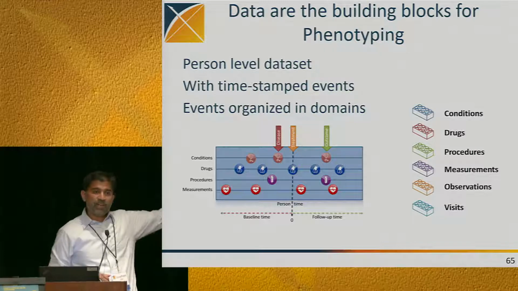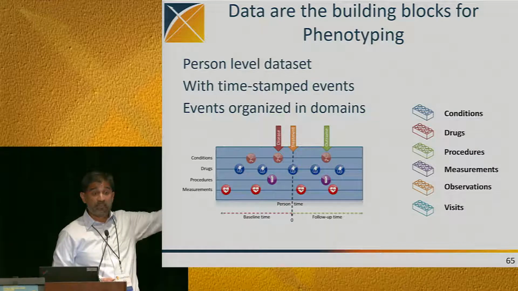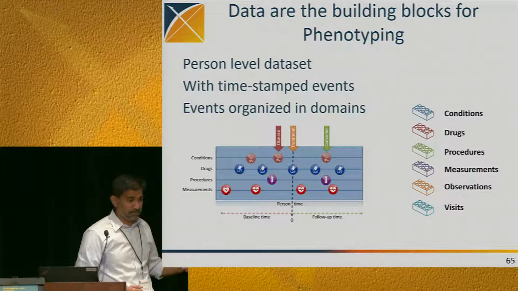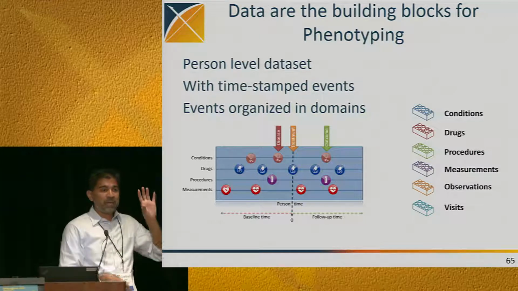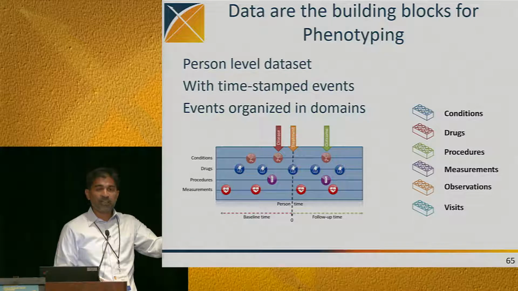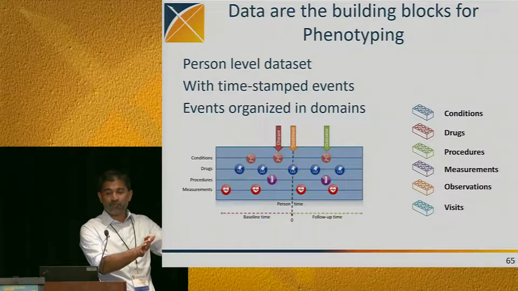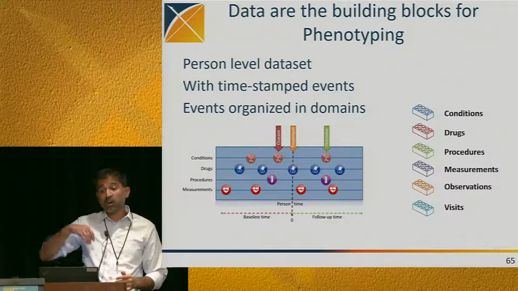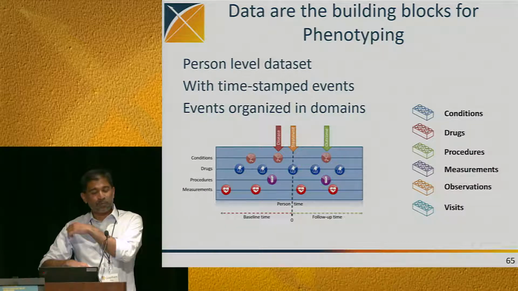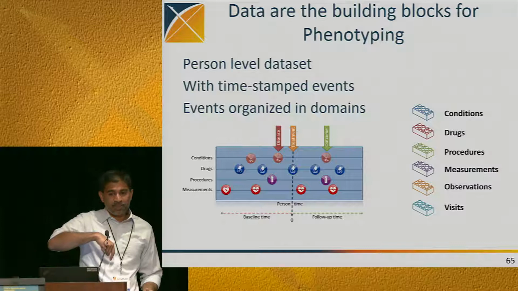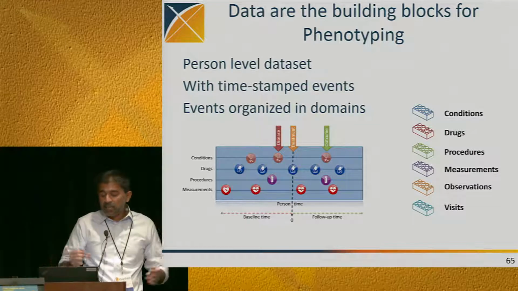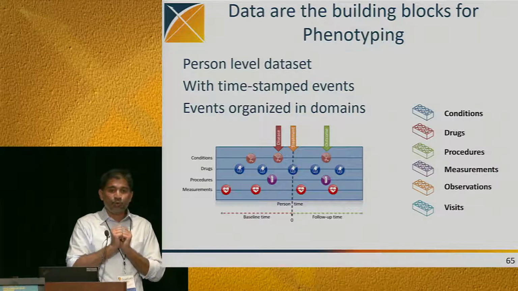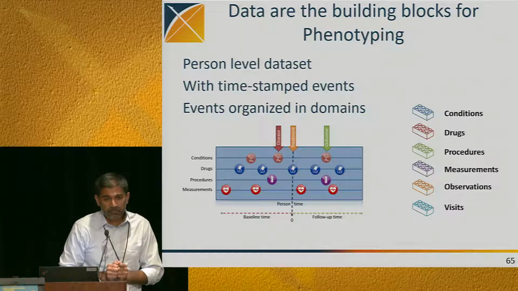You can see various types of domains, like conditions, drugs, procedures, and measurements. This person probably had a condition of some kind, then got a drug for that condition at a later time. They may have gotten better, they may have gotten worse. They got another procedure as a follow-up of that initial progression of disease. All of those are documented, and they are now available for rule-based phenotyping.